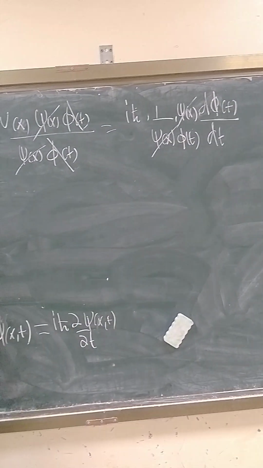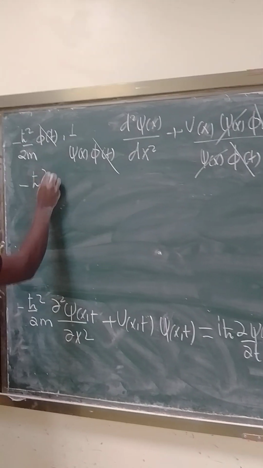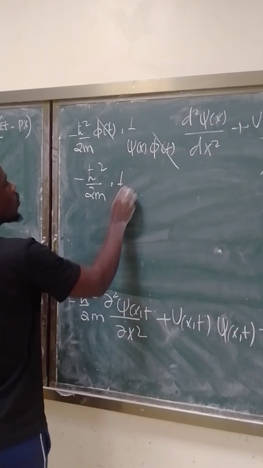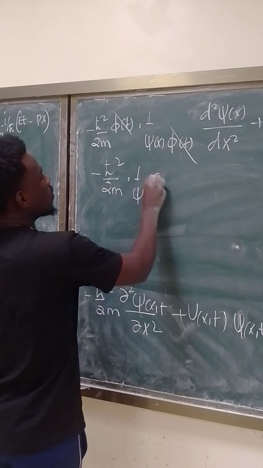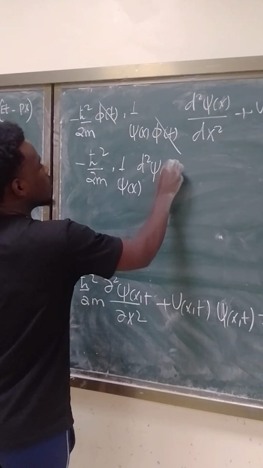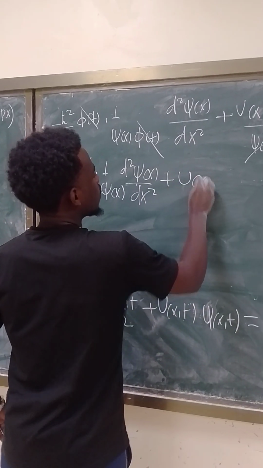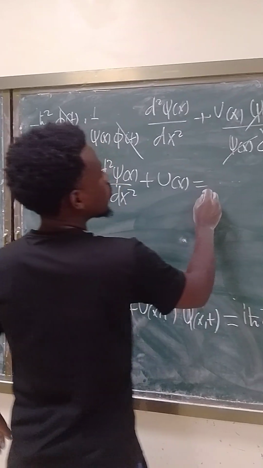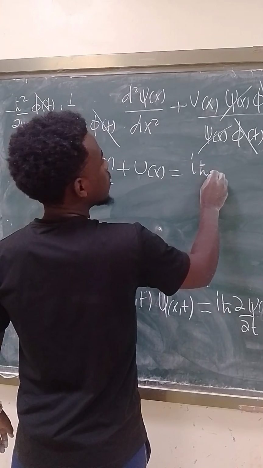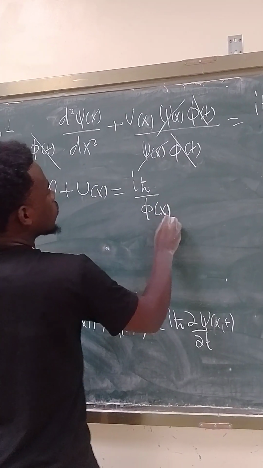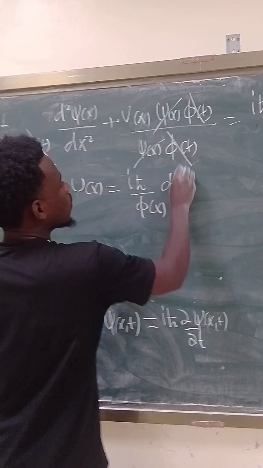So let us write it. This one times 1 over psi of x, then d squared psi over dx squared, plus U as a function of x, which is equal to this one over this one, then d phi over dt.